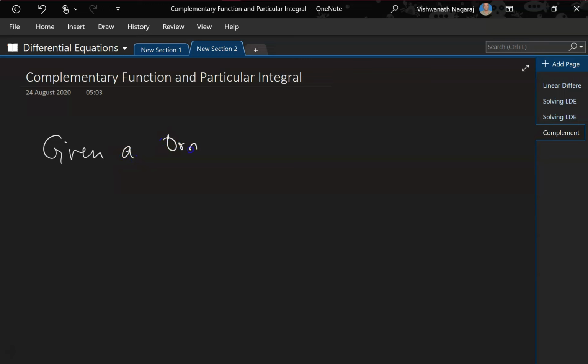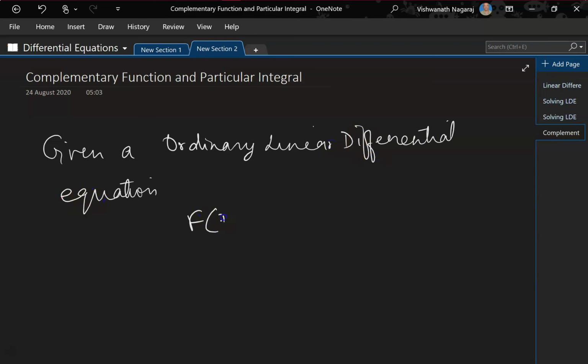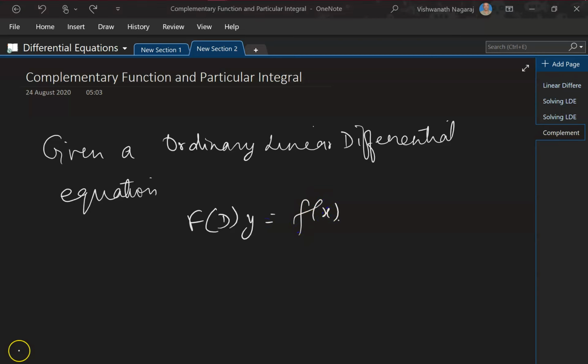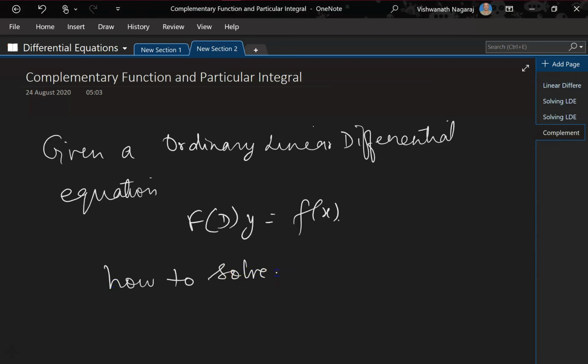Given an ordinary linear differential equation f of D y is equal to f of x. We have seen how to solve when f of x is equal to 0, that is f of D y is equal to 0.